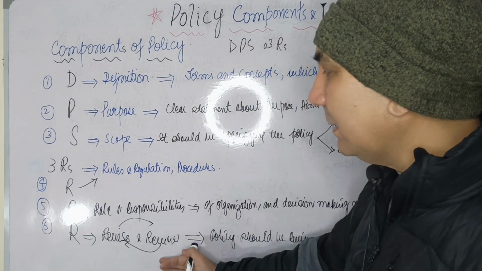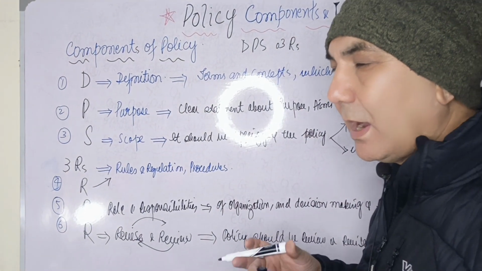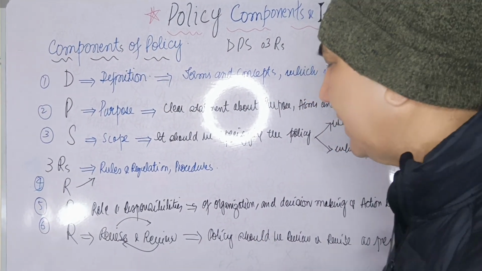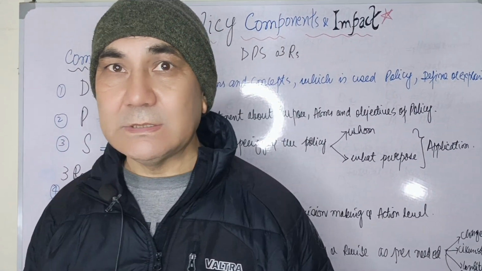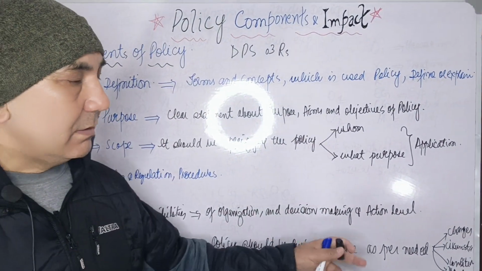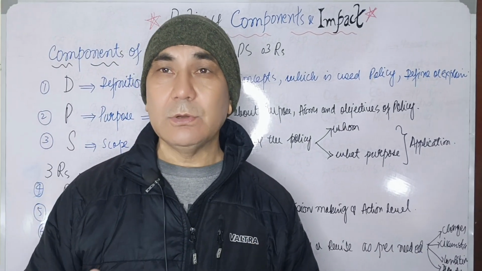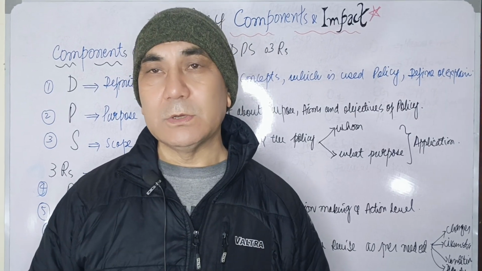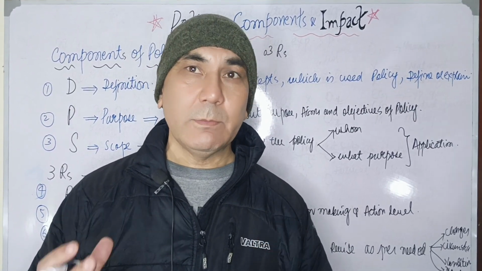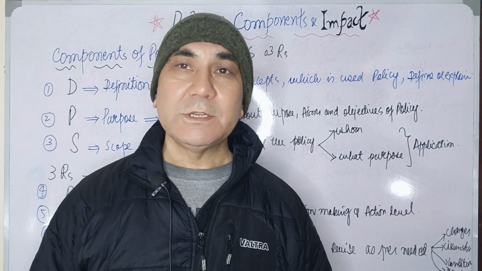And the third R is for review and revise. You can review and revise your policy as needed, according to the situation, the circumstances, and the disaster which has happened. I hope today's lecture has made your concept of the policy and its six components clear.